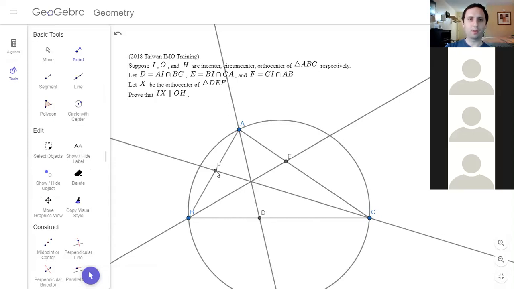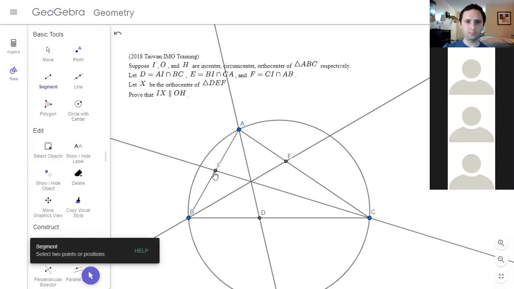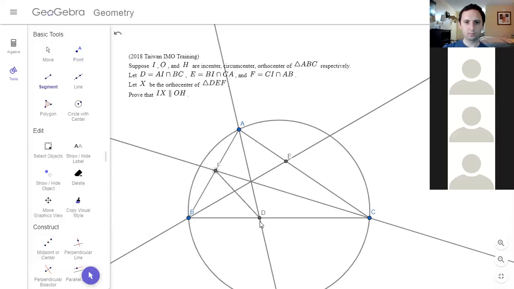So this looks a lot like the Sharky-Devil a little bit.